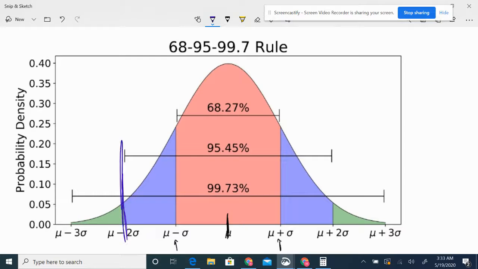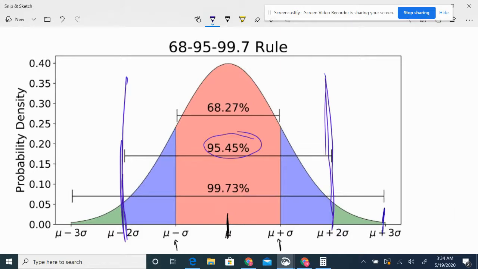Now, let me go for blue. You see how here I have mu minus 2 sigma, so average minus 2 standard deviations, and then here I have the average plus 2 standard deviations. Within those two, I'm going to have about 95% of that data.